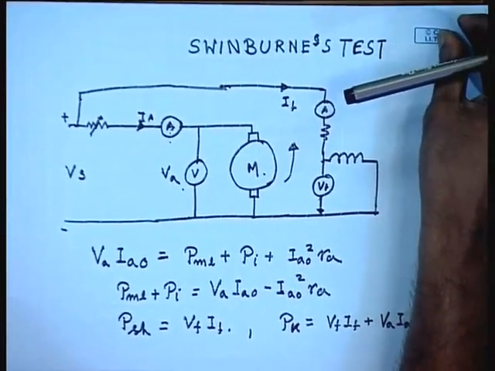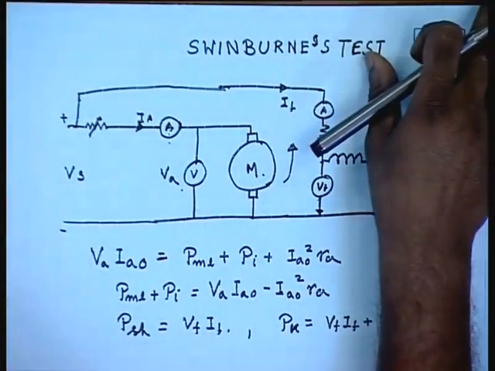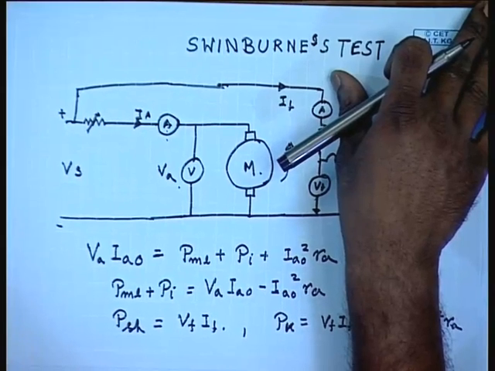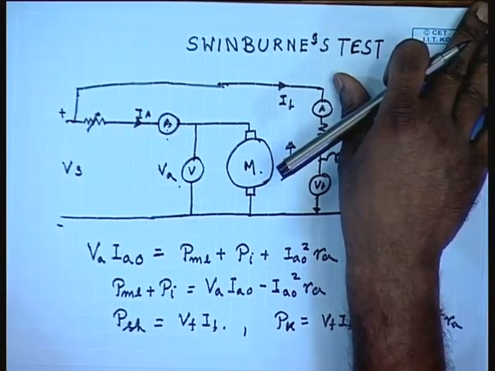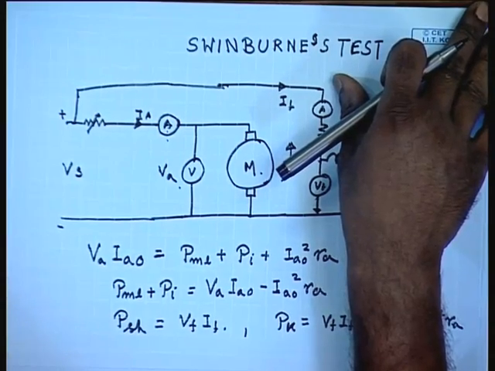And since this is a cold run test, the machine temperature does not rise up to the rated value, hence whatever losses we get are conservative. And since this machine is not loaded in this case, it is not possible to predict whether the commutation of the machine will be satisfactory under load condition.